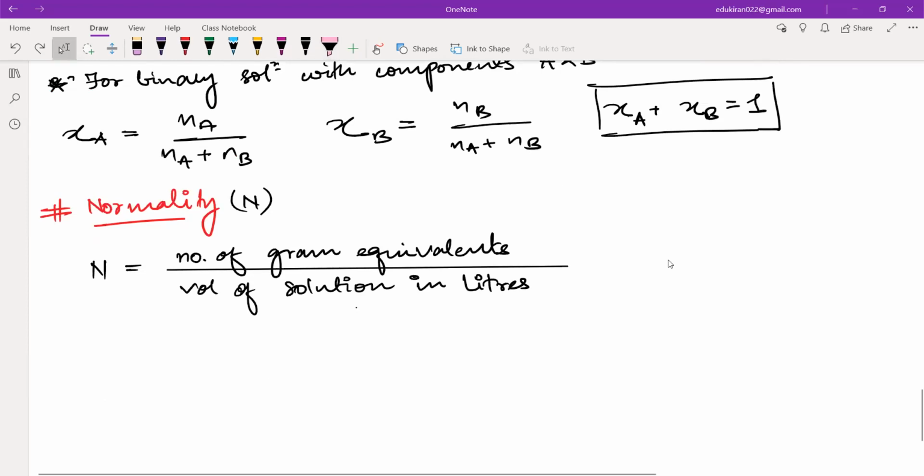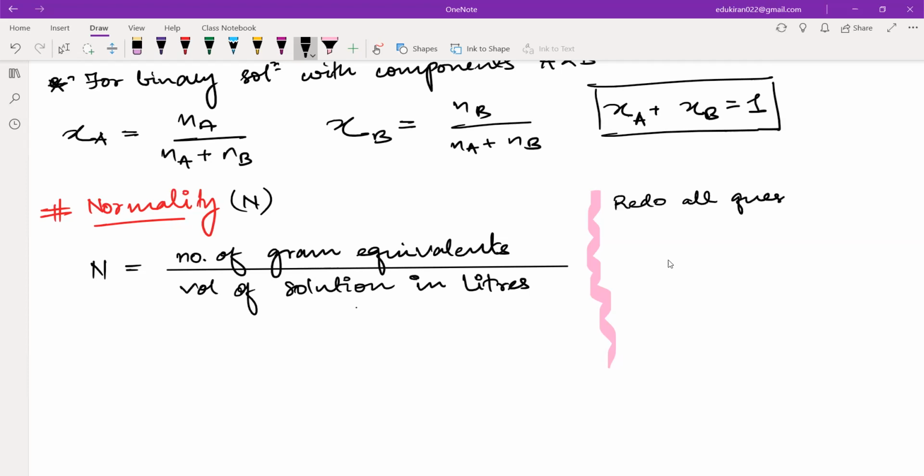Also one more thing. Last class I gave you some tips for solving questions; numericals को simplify करने के कुछ तरीके हमने बताए थे. Also one more tip for this chapter, solution, is that redo all questions without looking.